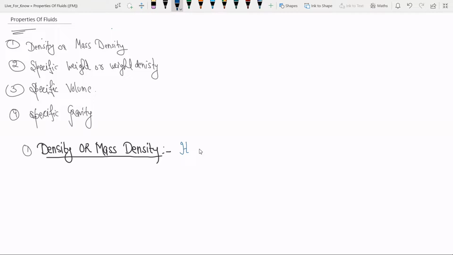It is defined as the ratio of the mass of a fluid to its volume. So from here we can define its formula.